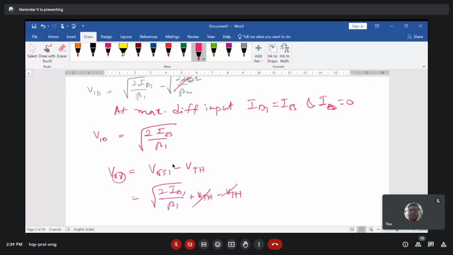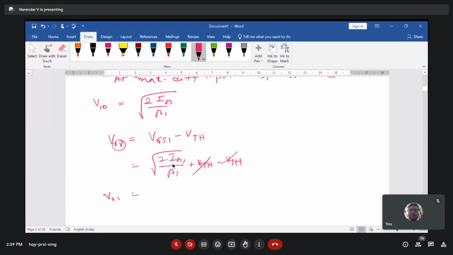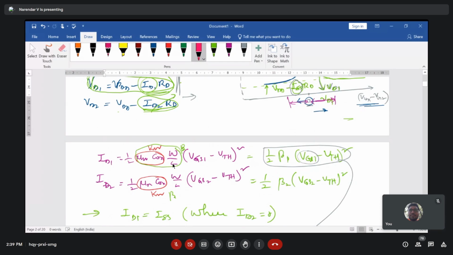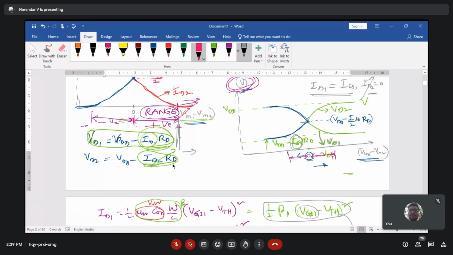These two cancel out because they are the same term, and you end up with VOV, which is root of 2 ID1 by beta 1. So this is equivalent to the VOV value, the overdrive voltage. So the maximum differential value that you are getting here is referred to as VOV positive at this point, and minus VOV negative at this point. So these two are the values. Okay.